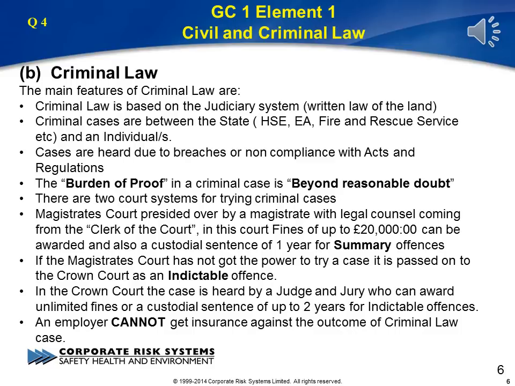In the magistrates' court, this is for all summary offences. If the magistrates' court does not have the power to try a case, it is passed on to the Crown Court and then becomes an indictable offence.